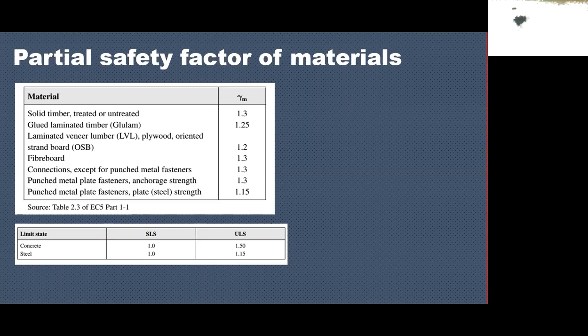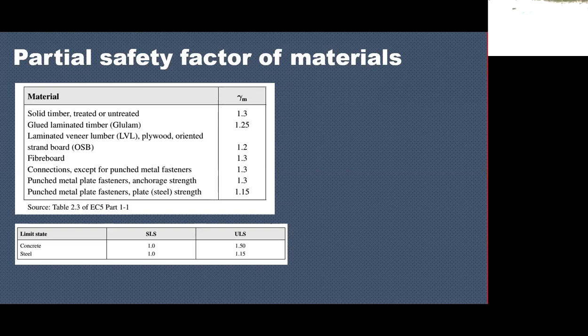Because concrete has high variance between each batch. Say you order a grade 30 concrete and you might get 31 megapascal for one batch. You might get 29.5 megapascal from another batch, and you might get 32 from another batch. These are characteristic strengths that we obtain by testing in the lab.